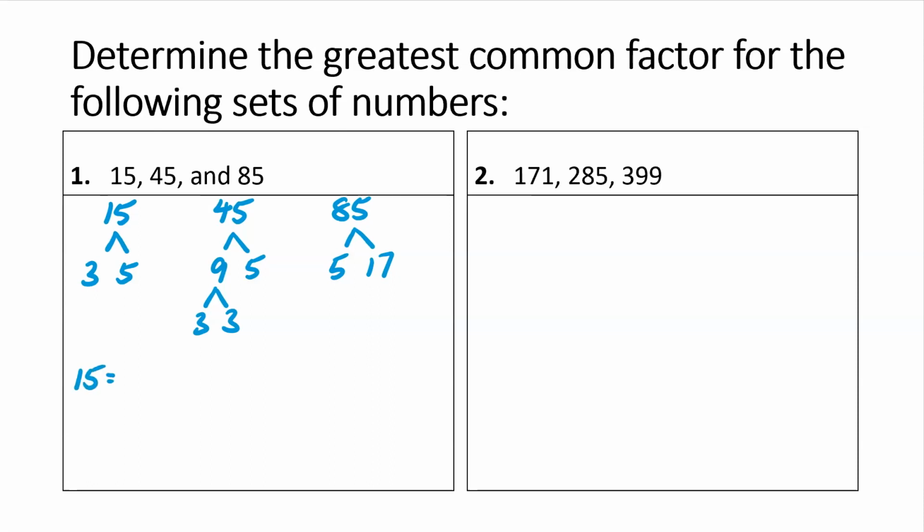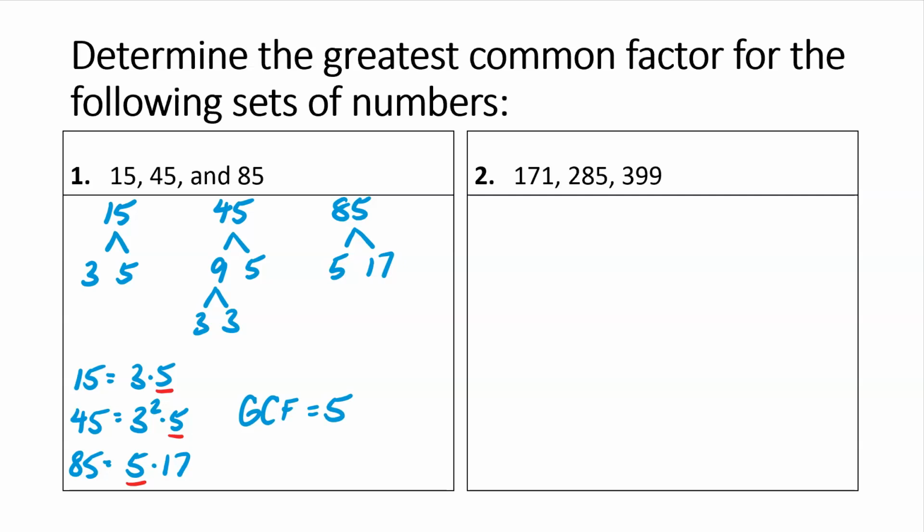We have 15 equals 3 times 5, 45 equals 3 squared times 5, because there are 1, 2, 3s there, and 85 equals 5 times 17. And we can see that each of these numbers has 5 as a factor, so the greatest common factor equals 5.